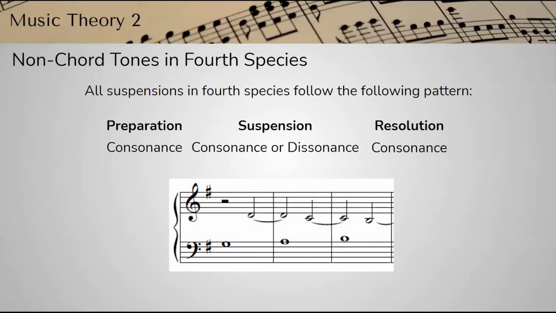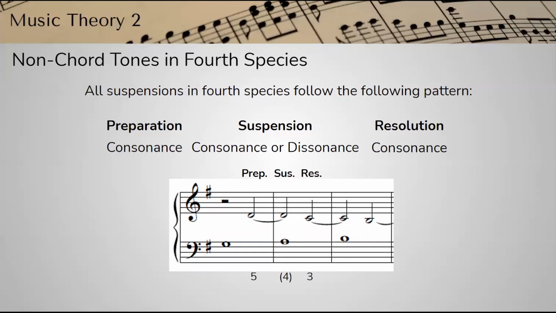This time we're in the key of G, where we start with a perfect fifth preparation, right? And then our lower voice moves up so that we get a dissonant fourth, which then resolves to a consonant third. And then we could also overlap these.